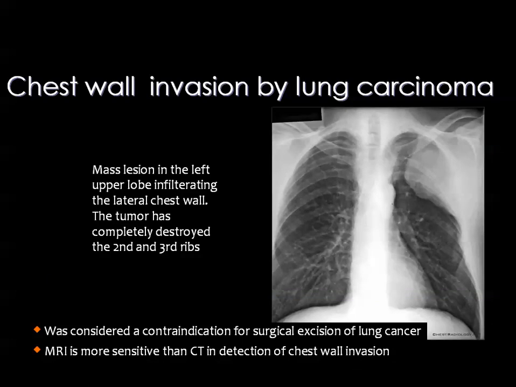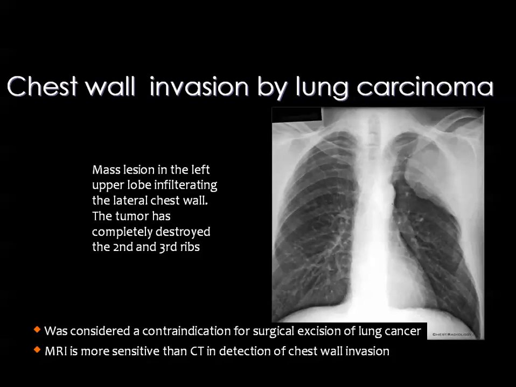Then if you look here and you see a lesion, my advice to you is whenever you see an opacity in the lung which is intimately related to the ribs, please look carefully at the adjacent ribs. Then if you see that the rib is destroyed, then you can say that this lesion is malignant.